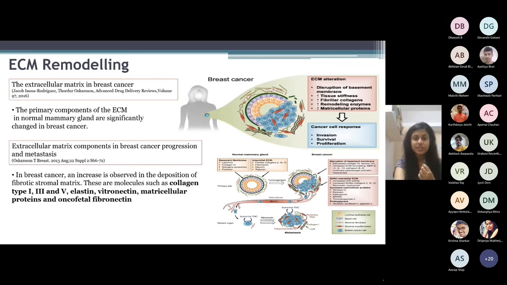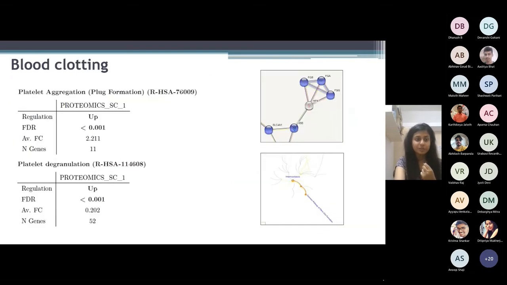In breast cancer patients, there is an increase in fibrillar collagen, increase in remodeling enzymes, etc., which leads to a very significant alteration in ECM, causing invasion, metastasis, etc. Another paper has said that breast cancer leads to an increase in deposition of proteins such as collagen type 1, 3, 5, etc., all of which were found to be upregulated in our data, and thus our analysis results are in line with previously published papers.